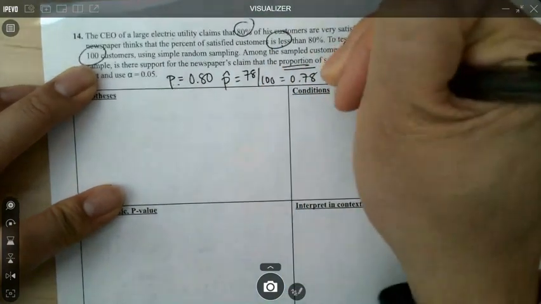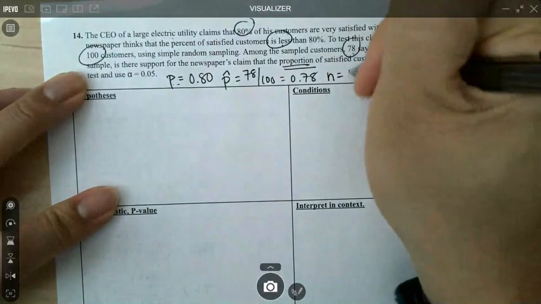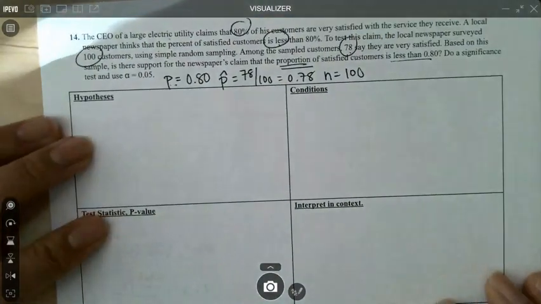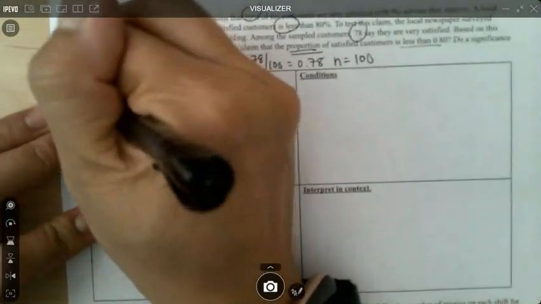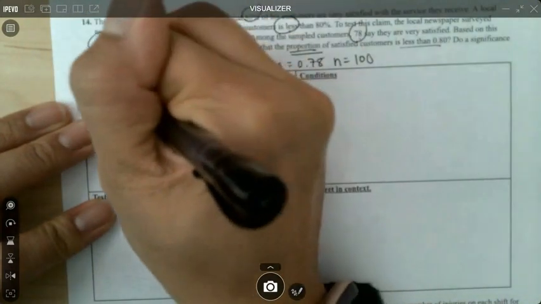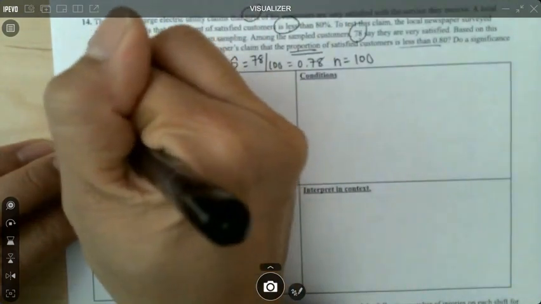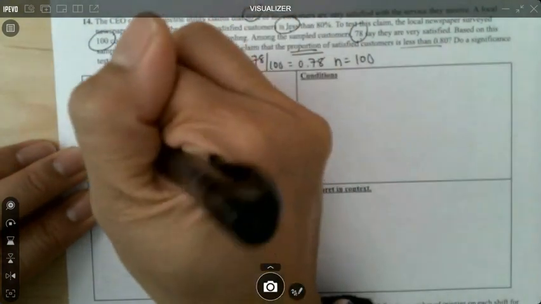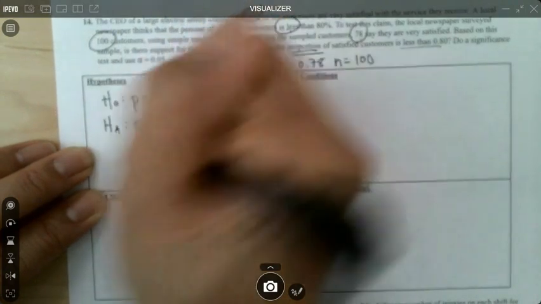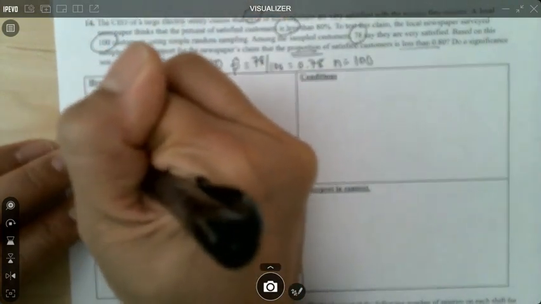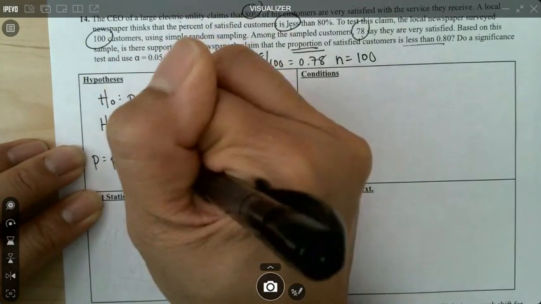And then our sample size is going to be 100. So now let's do our null and alternative hypotheses. H0 is going to be that P equals 0.80. HA is what the newspaper is trying to claim, that it's less than 80%, where P represents the proportion of satisfied customers.